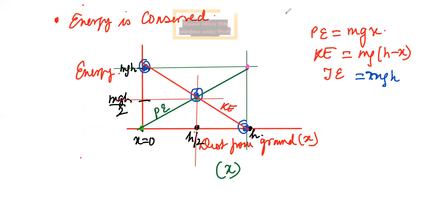And at every point you have seen, the total energy remains conserved. So the total energy graph will be a constant line. So this is your potential energy, this is your kinetic energy, and this is your total.